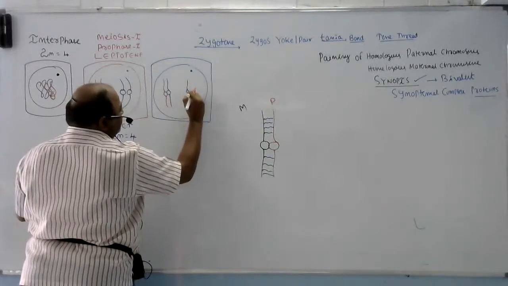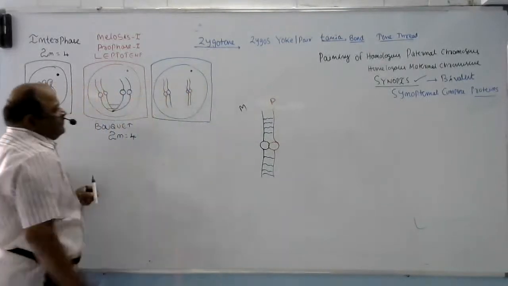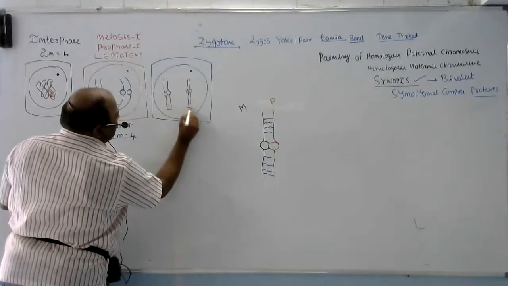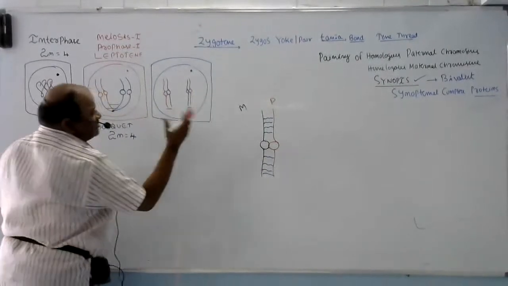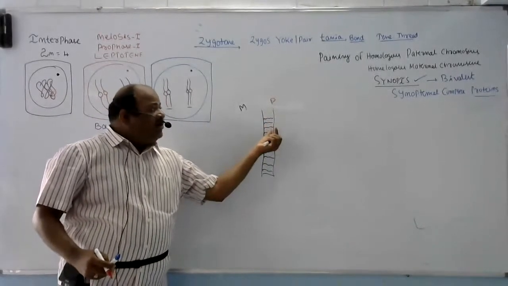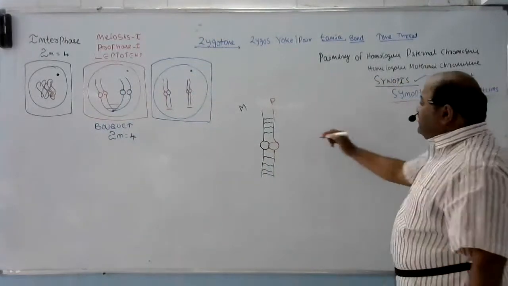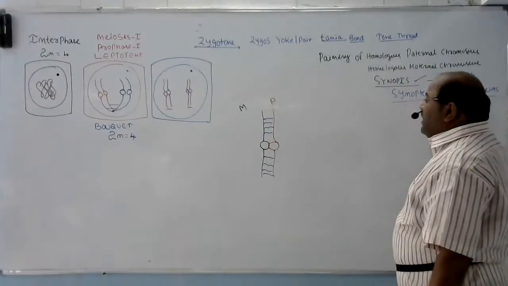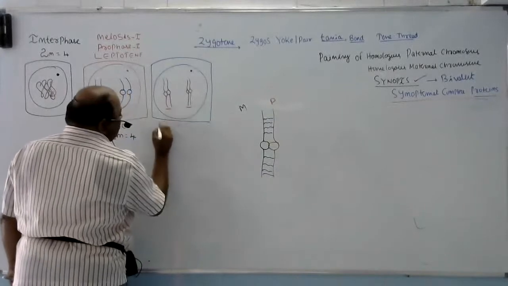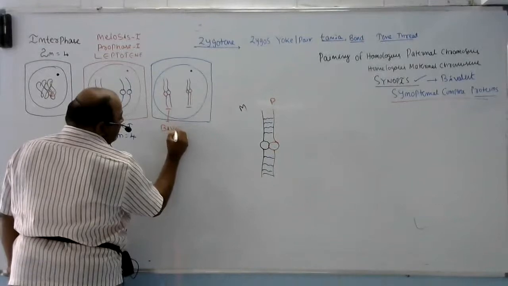When the pairing process is completed, homologous paternal and maternal chromosomes are held together by protein structures called the synaptonemal complex, and each pair is called a bivalent.